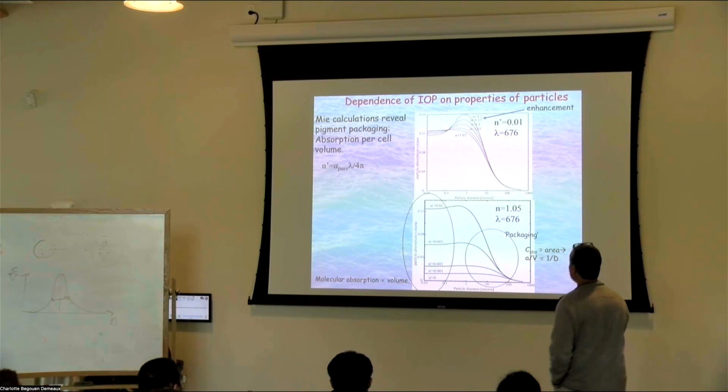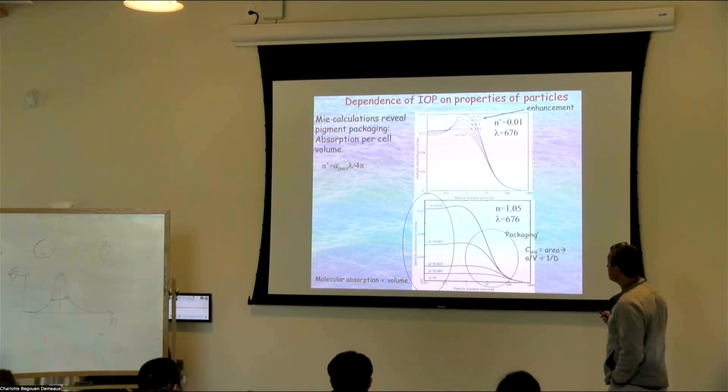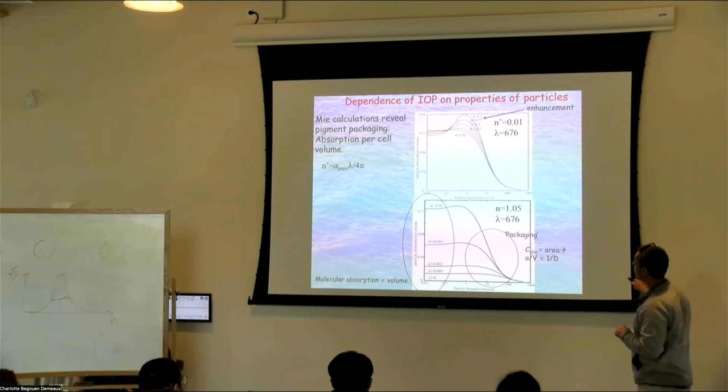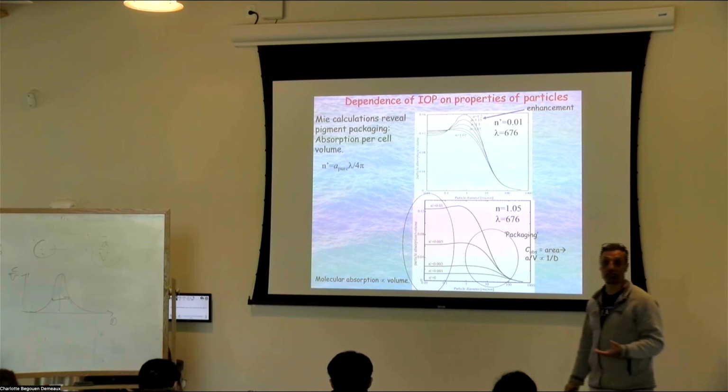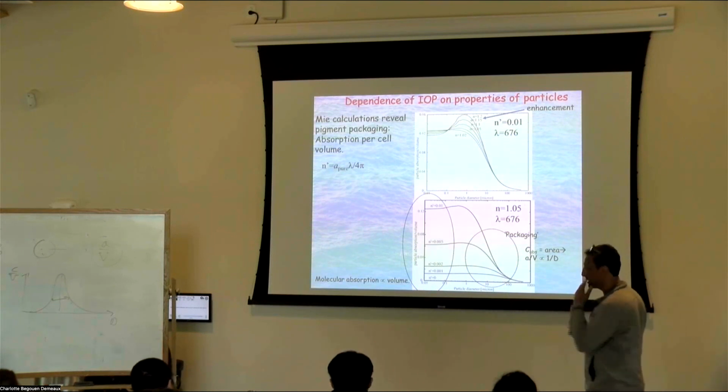And then finally, at around 10 micron for this case, at the absorption peak at 676, a relatively strong absorption value, I'm going down by like a quarter in diameter. So my absorption is not as efficient. That's the packaging issue I'm talking about.